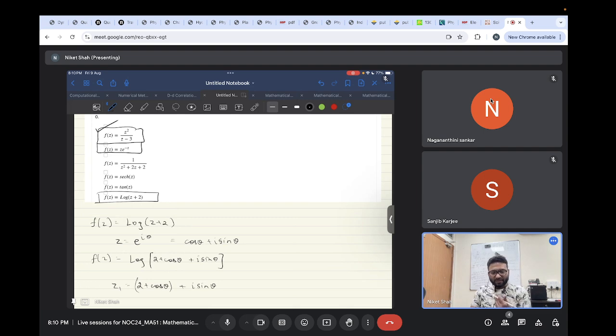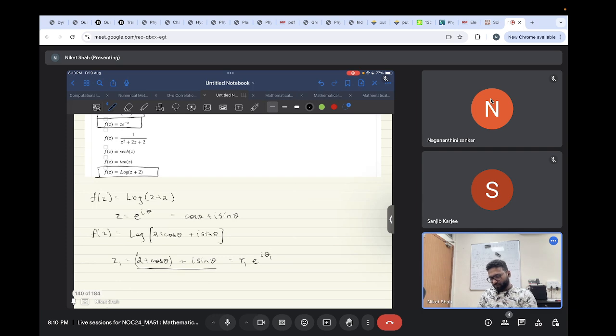This is my new kind of a complex number. Even this complex number z1, I can represent it as r1 e raised to power I theta 1. I can do that, right?